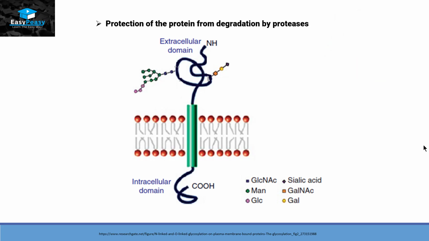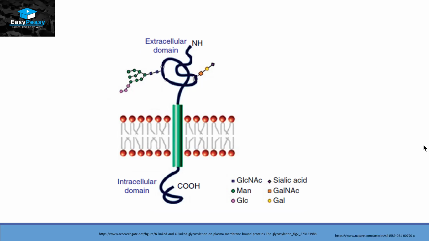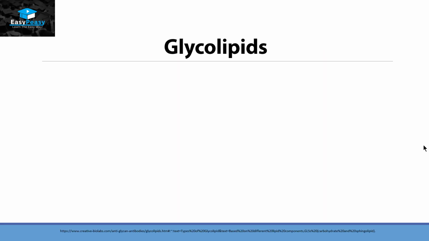They can also help in the prevention of degradation of that protein by proteases. They can also control the physical maintenance of tissue structure and integrity. And as they are mostly present on the surface of the cell, they can help in cell recognition, receptor-ligand binding, and cellular adhesion.